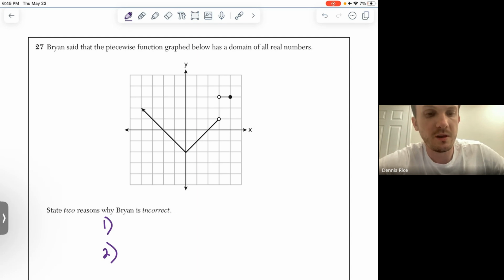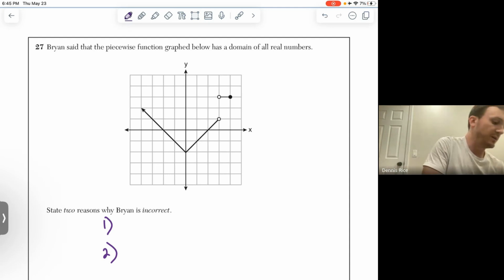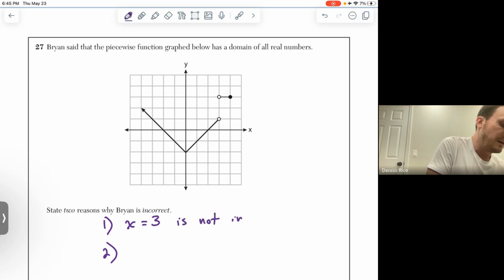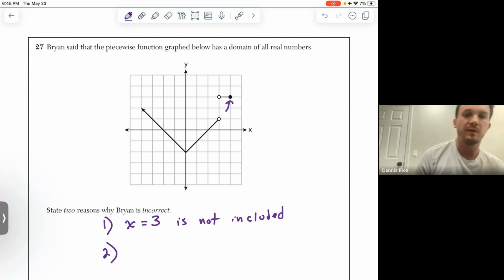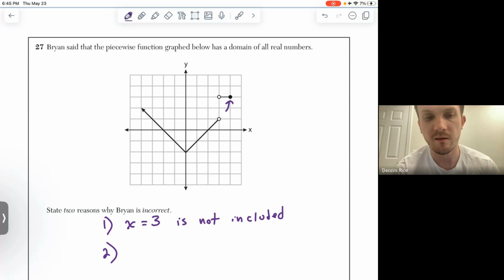So one thing that we could say that's wrong is x equals 3 is not included. The x value of 3 is not a part of this domain. There's two open circles, nothing touching it. Additionally, the second reason would be the fact that this doesn't go on forever. That's an endpoint, not an arrow.